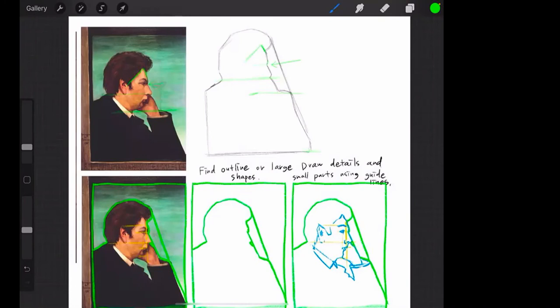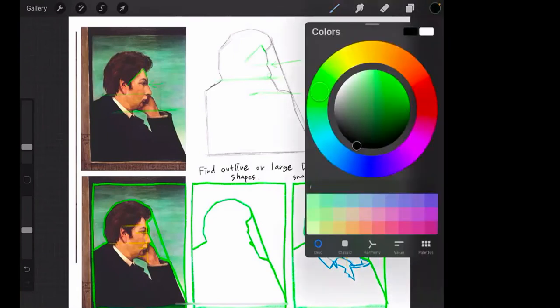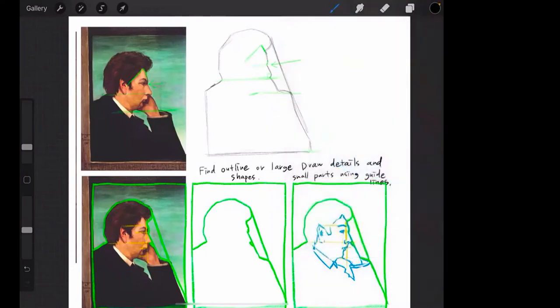Okay, let's draw the nose first, since we defined the nose ball. And you can find the line for the nose a little bit below the nose ball. Okay. And nose ball and nostril, wing fold, nostril. Okay.